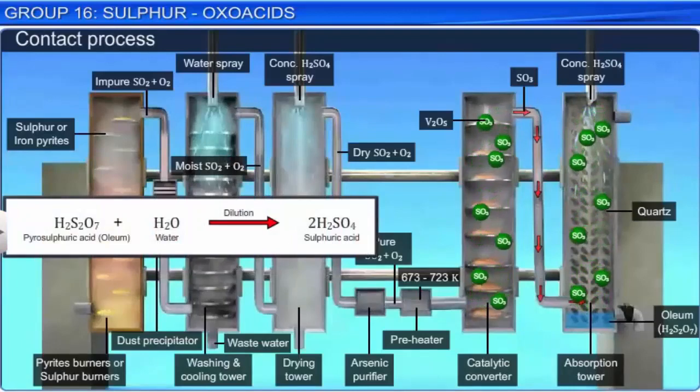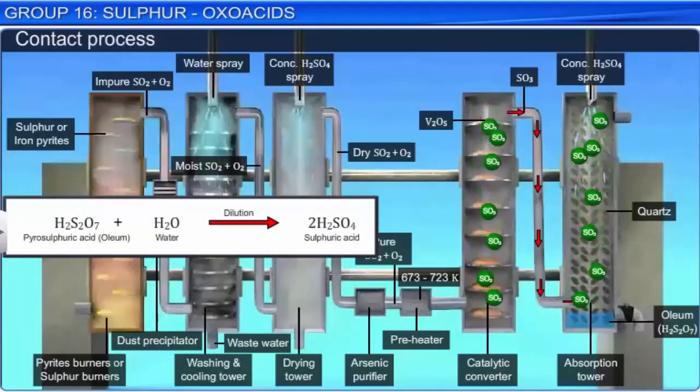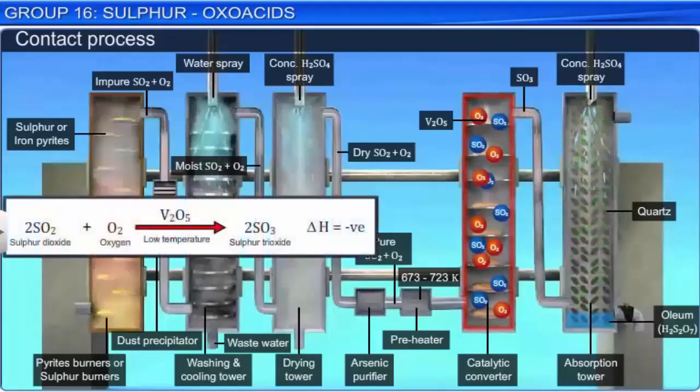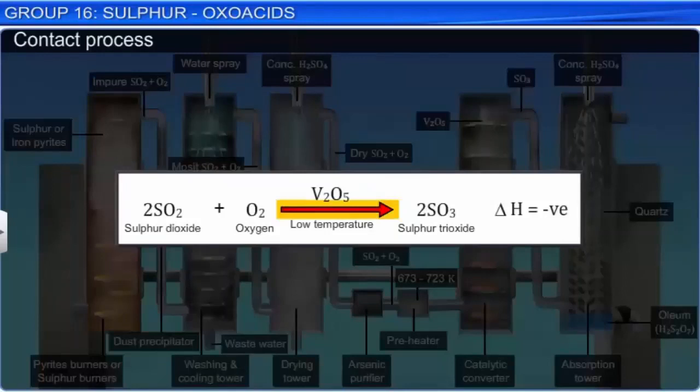The key step in the manufacture of sulfuric acid is the catalytic oxidation of sulfur dioxide to sulfur trioxide with atmospheric oxygen. The forward reaction is exothermic and is favored by a low temperature.